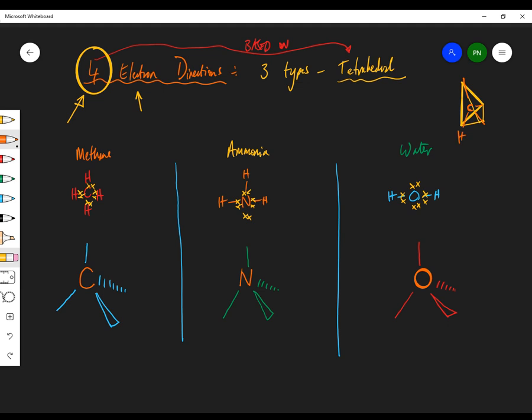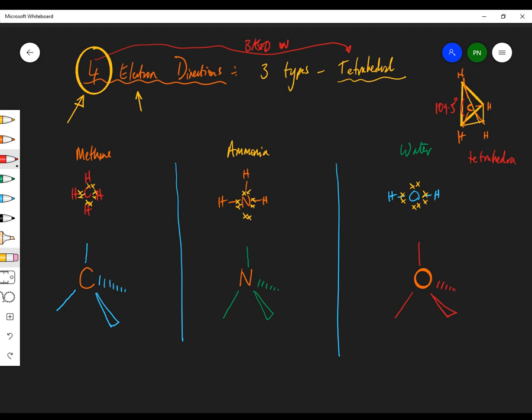That's what it means to be tetrahedral. Within the tetrahedral, these bond angles are 109.5 degrees. And this is what we mean by tetrahedra, which is the plural of tetrahedral.